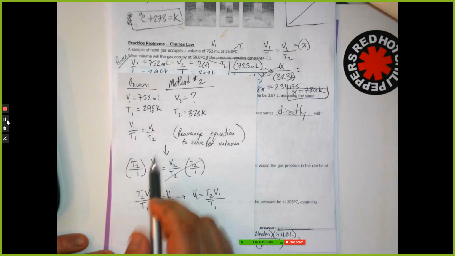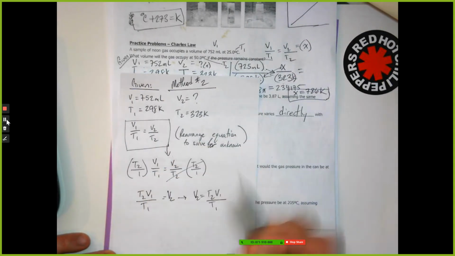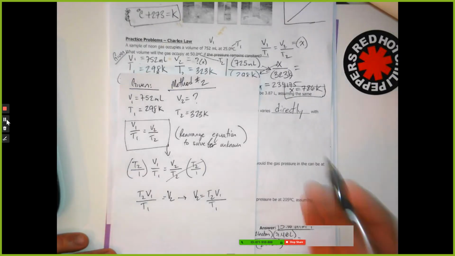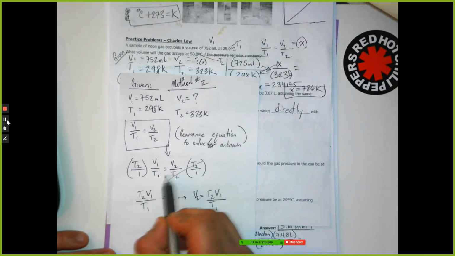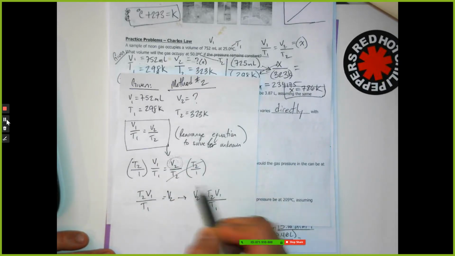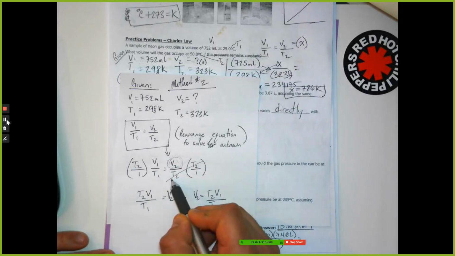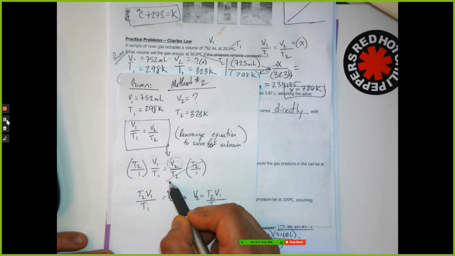And remember, here is the equation, the Charles law equation, that we got to set it up for. We can put anything in it and make sure we set it up correctly. And so I wrote the equation here. Remember, I want to isolate V2 by itself, so I need to get rid of this T2. And so the only way I can do that is multiply both sides by T2.